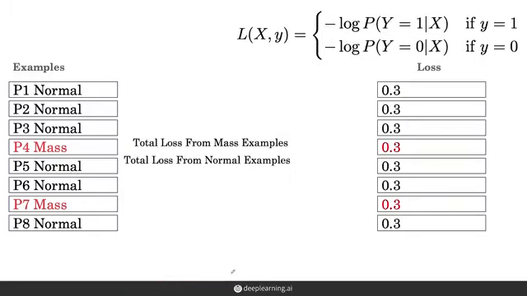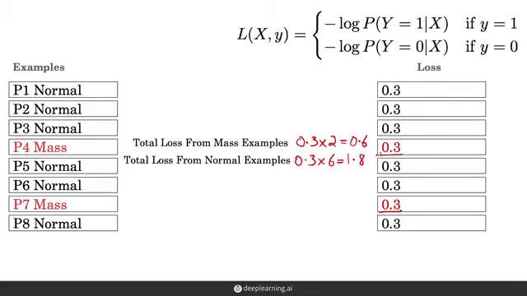The total contribution to the loss from the mass examples comes out to 0.3 times 2, which is 0.6, while the total loss from the normal examples comes out to 0.3 times the 6 normal examples, which is 1.8.